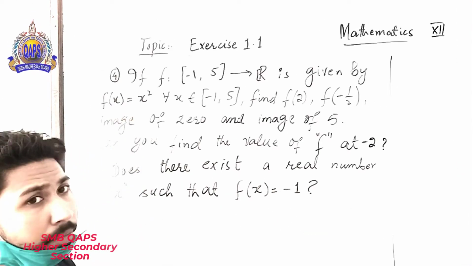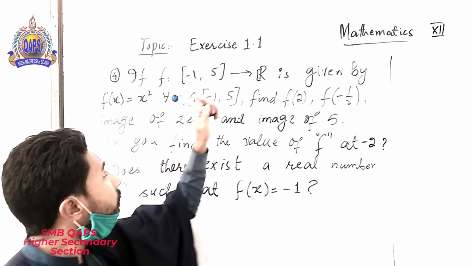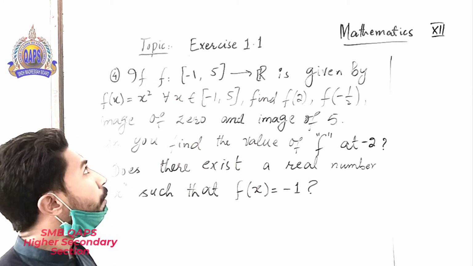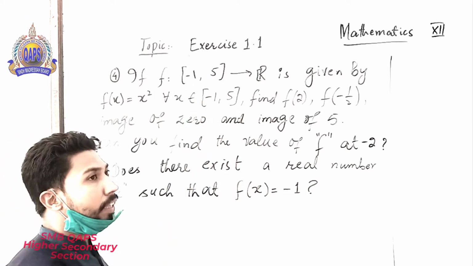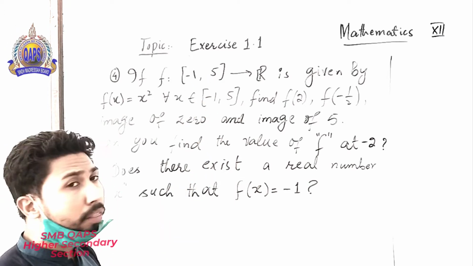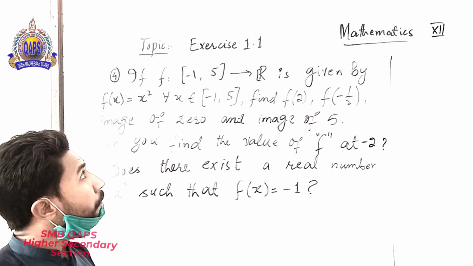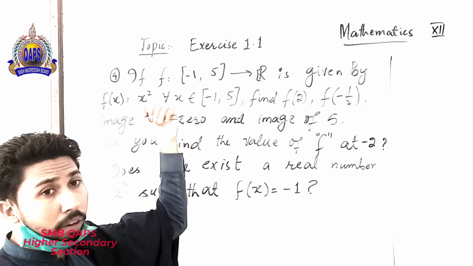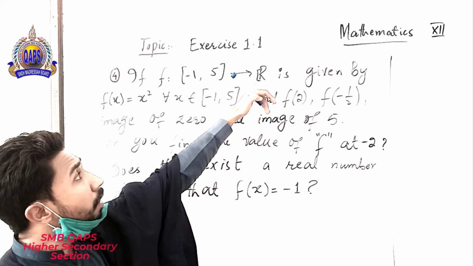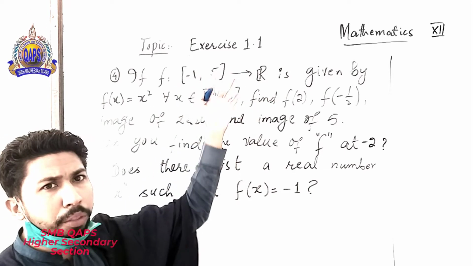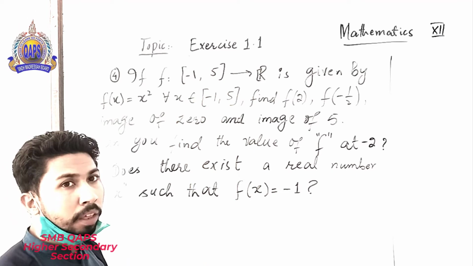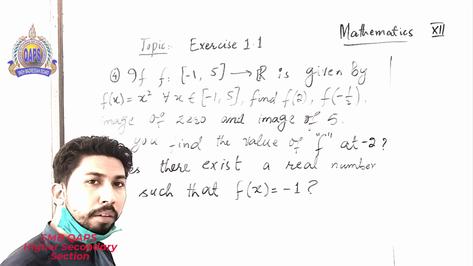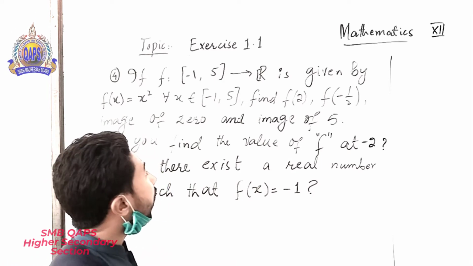Number 4 question of exercise 1.1. If the function's interval is given from -1 to 5, this interval contains only 7 integer numbers, but in the real sense it contains more values, because real numbers include decimal and fractional forms.